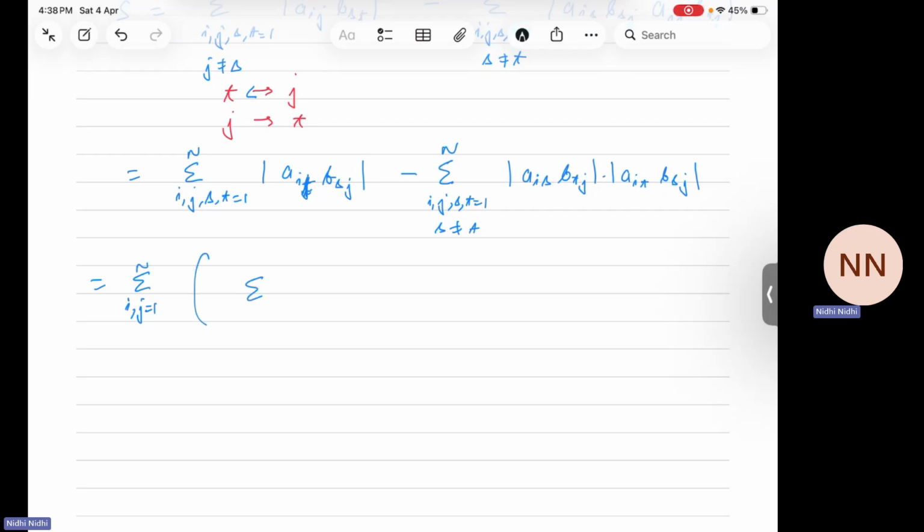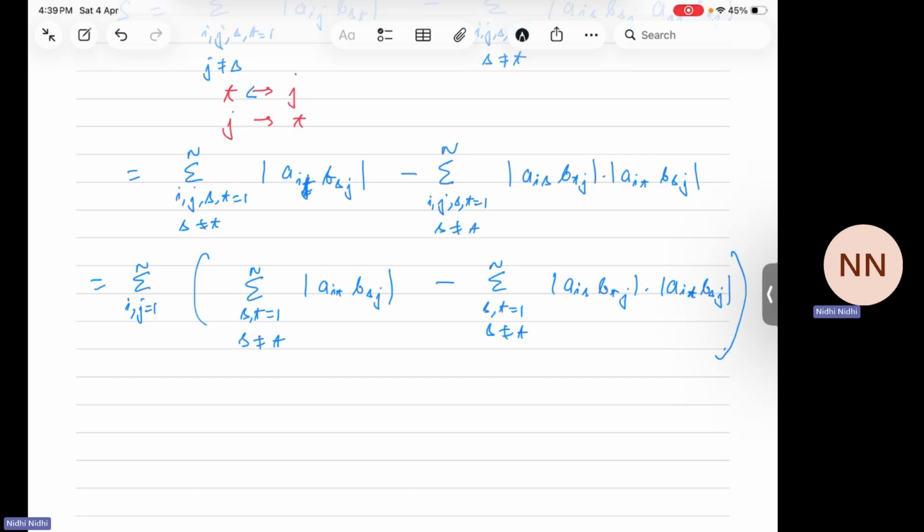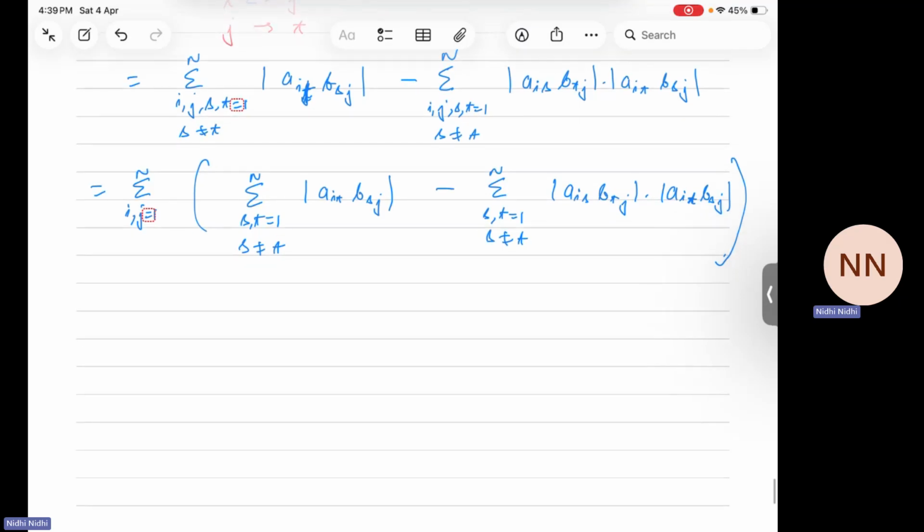Then inside we have st from 1 to n with s not equal to t, mod ait bsj minus summation st 1 to n, s not equal to t, mod ais btj times mod ait bsj.